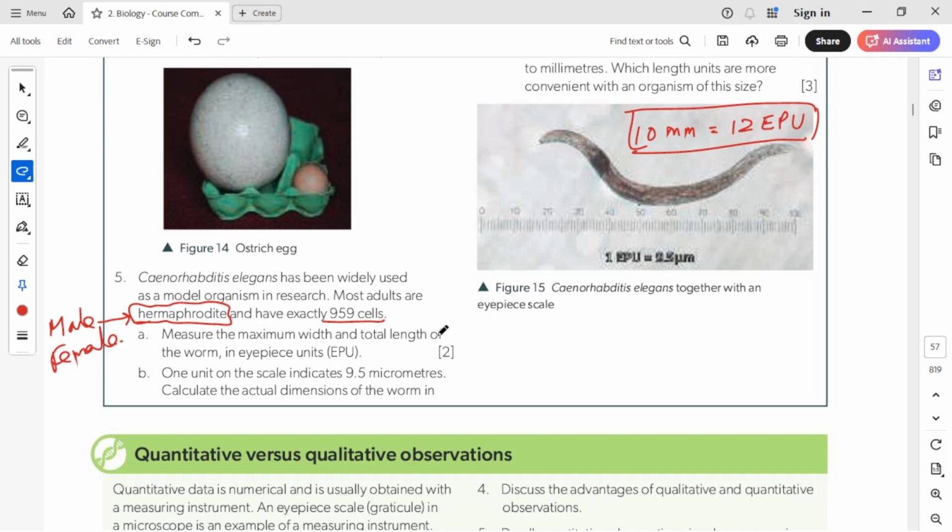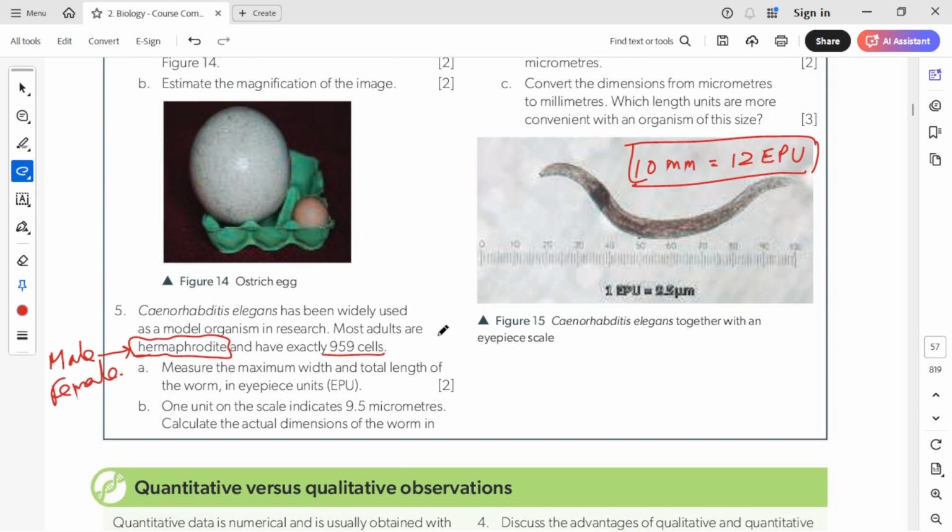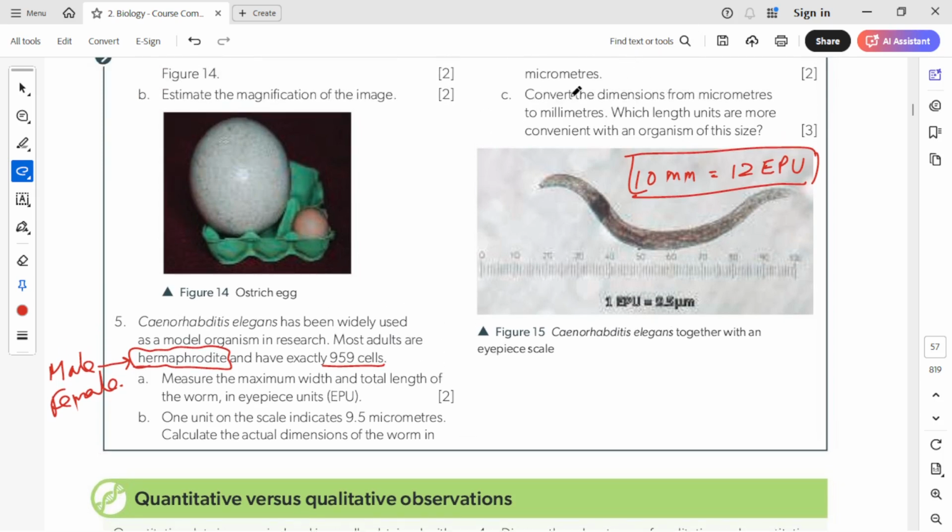We will find it out in micrometers, because in the third question, convert the dimensions from micrometers to millimeters. To solve this, we should already find our answers in micrometers so that we can convert them into millimeters then.